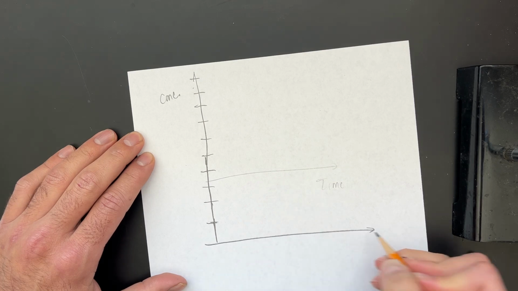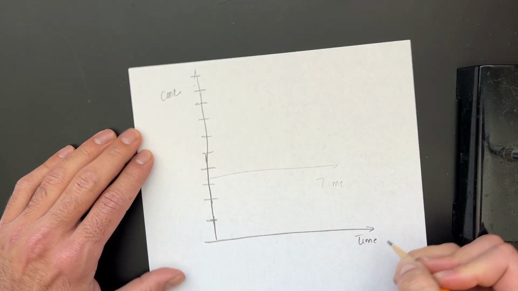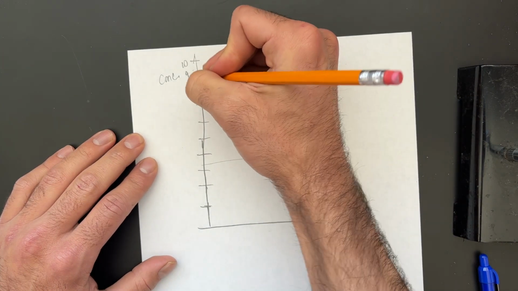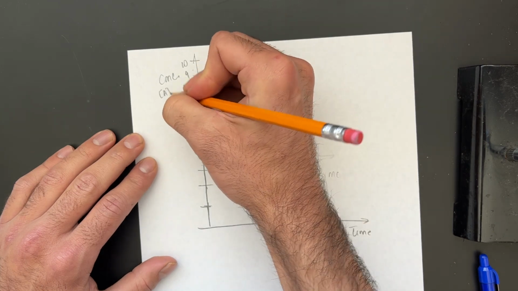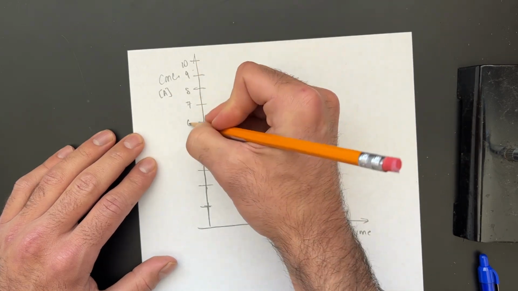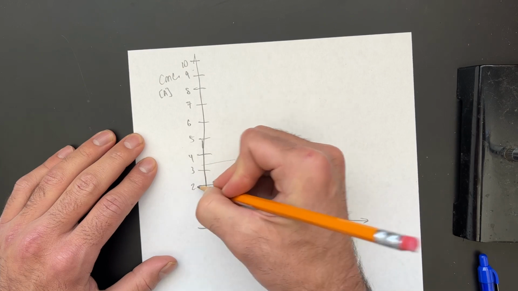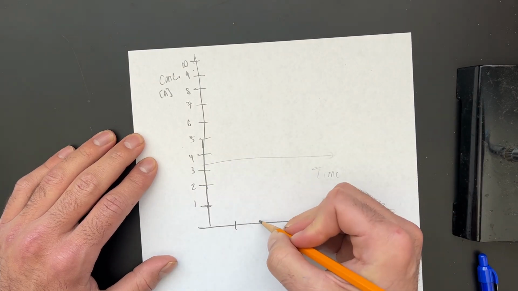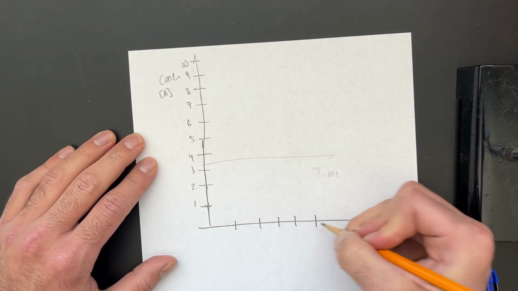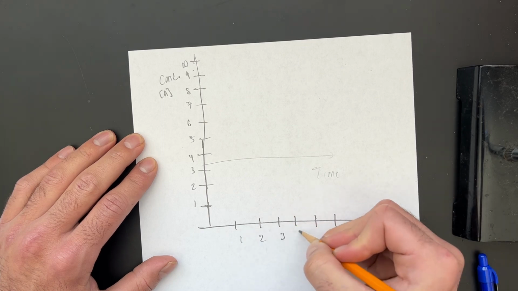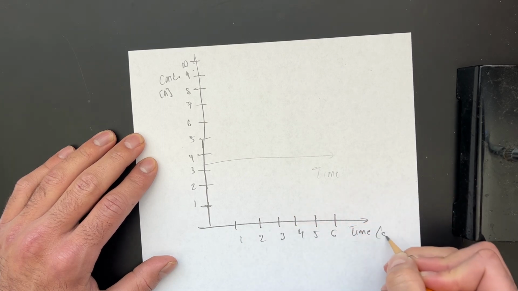And this is not my best graph. I should have used graph paper, but it's okay. Time 1, 2, 3, 4, 5, 6. Of course, this is in seconds.